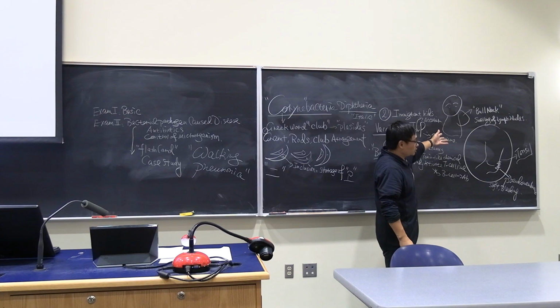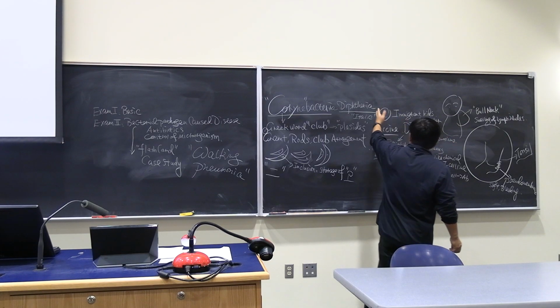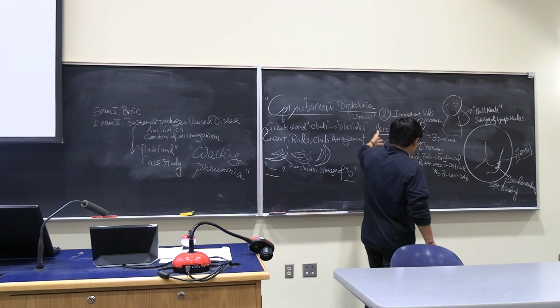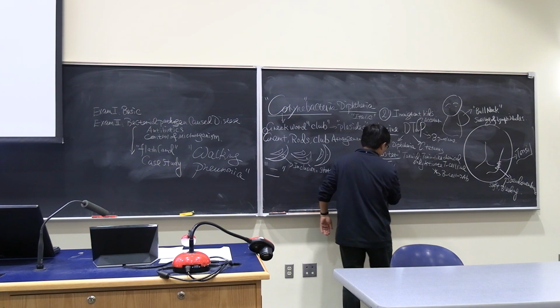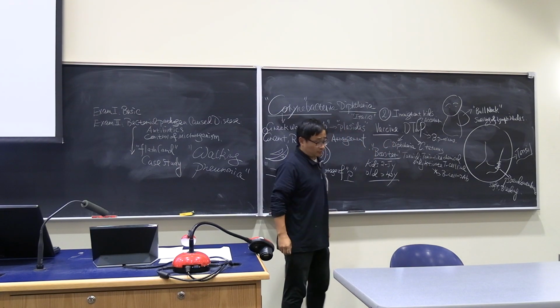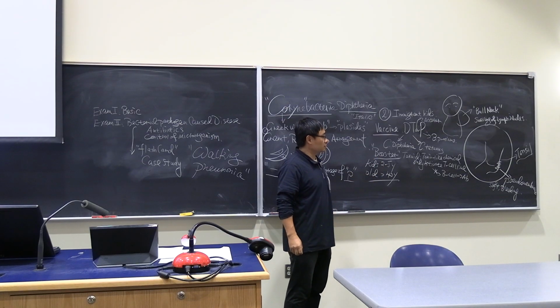That's what the major symptoms look like. And this pathogen usually affects kids 2 to 5 years old, and older people more than 40 years old. So that's what the symptoms look like.